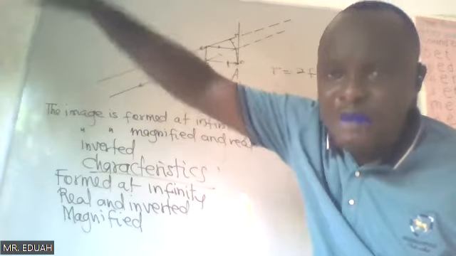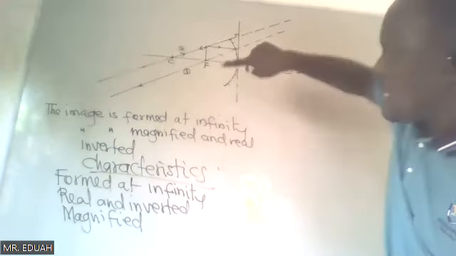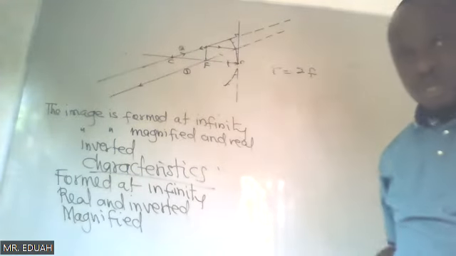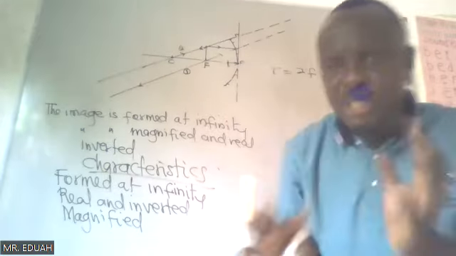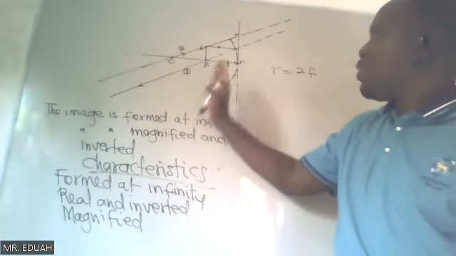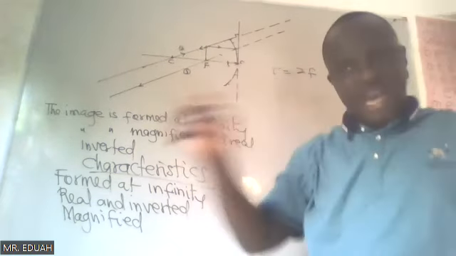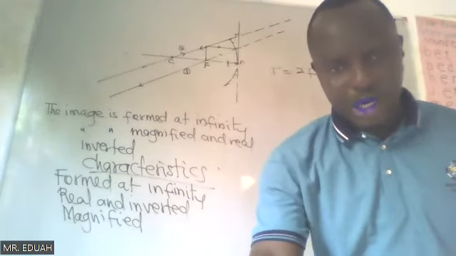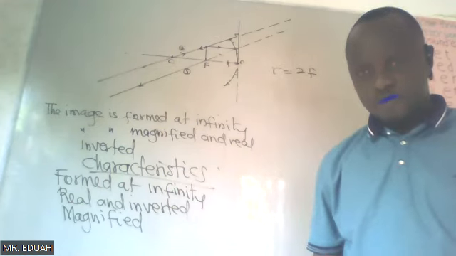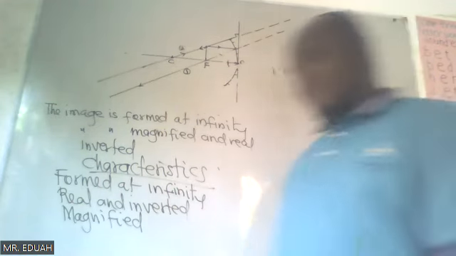And so when the object is at infinity, the image must be formed at F. That is the basis on which we conclude that when the object is at F, the image must be at infinity, and vice versa. Please, are we okay? Yes. All right.